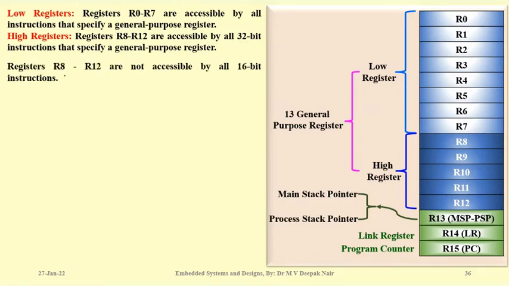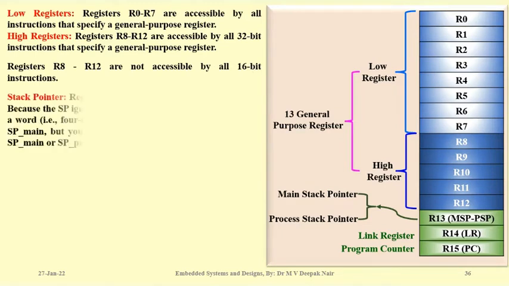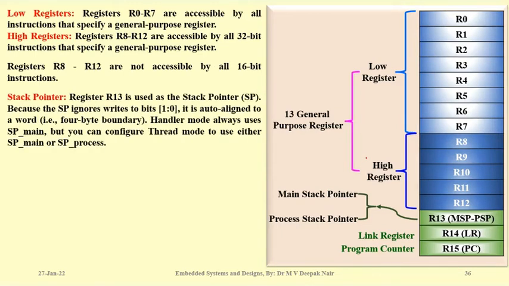Remember, R8 to R12 are not accessible by all 16-bit instructions. Maybe one or two, or a few 16-bit instructions may access them, but in general R8 to R12 are not accessible by 16-bit instructions. R0 to R7 are accessible by both 16 and 32-bit instructions.